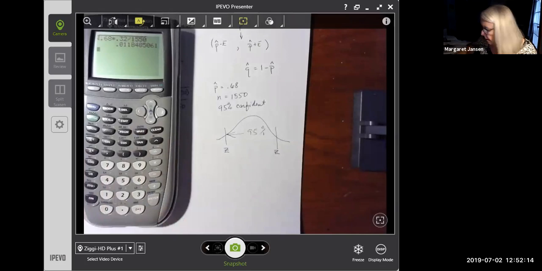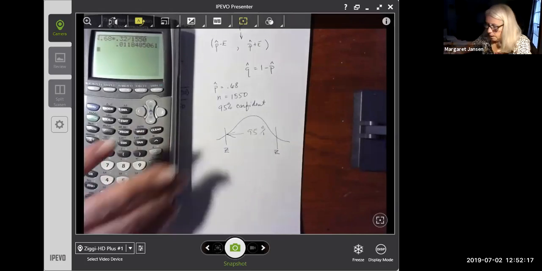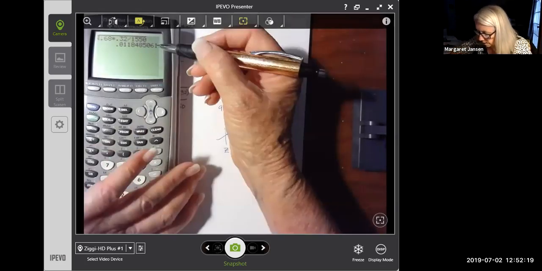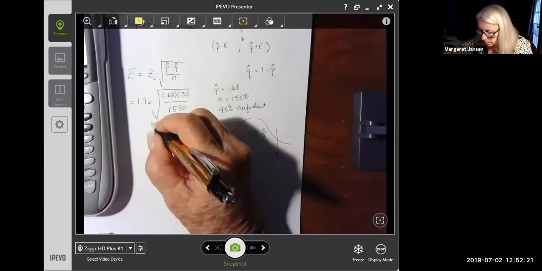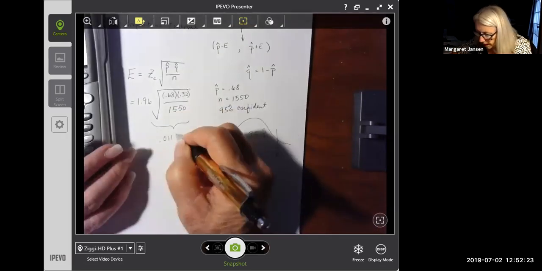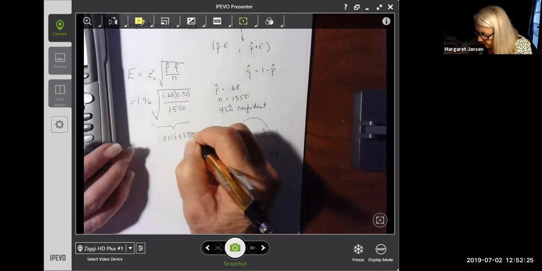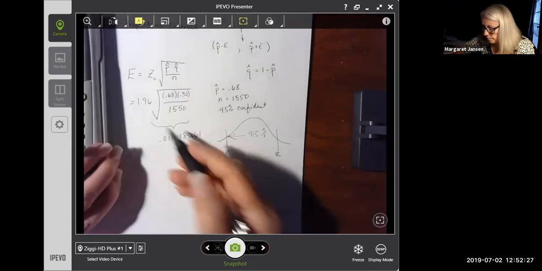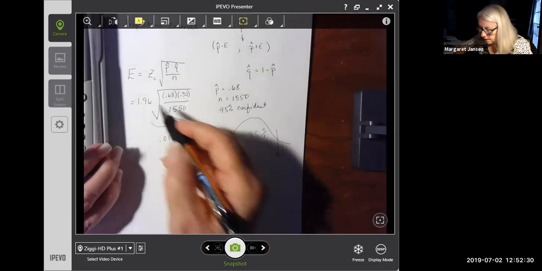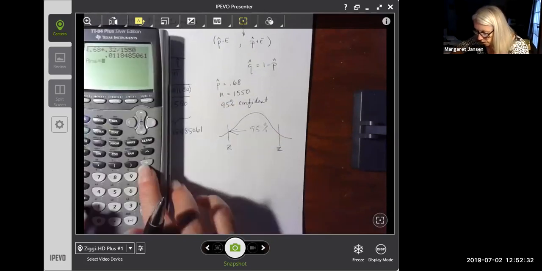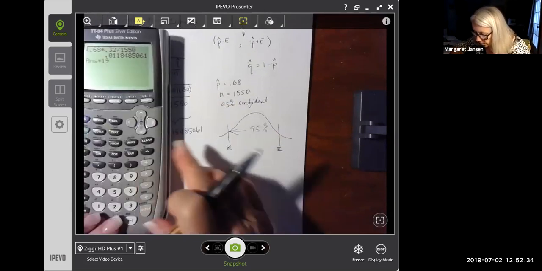And so this number is the result of this thing. It was 0.01184850061. And I wanted to multiply that by the 1.96. So times 1.96.